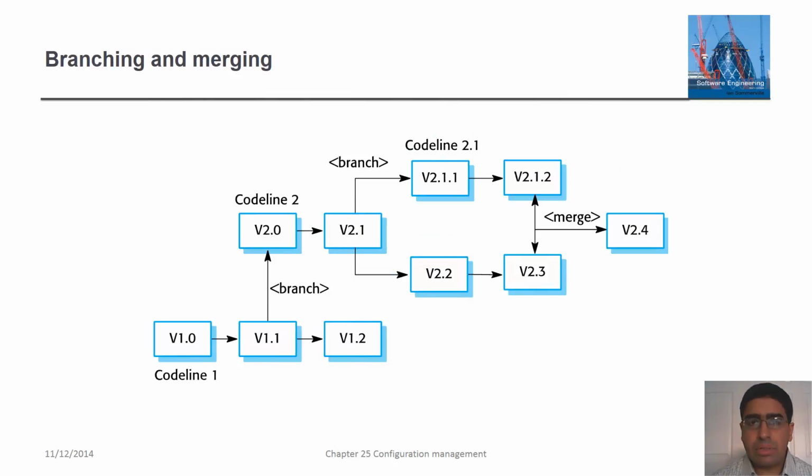Another important concept in version control is that of branching. Imagine for a moment that I am giving this lecture in a foreign country, and so I remove all the English words in my files and replace them with the foreign language, which is version 2.1.2 in this case.